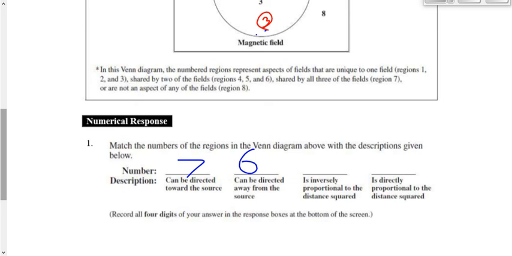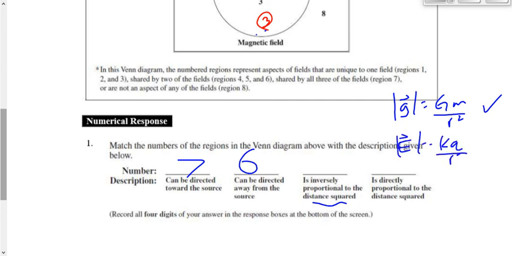We know that a gravitational force is G m1 m2 over r squared. Sorry, the gravitational field, I should say, is Gm over r squared. So gravity is inversely proportional to the distance squared. Agree? The electric field is kq over r squared.